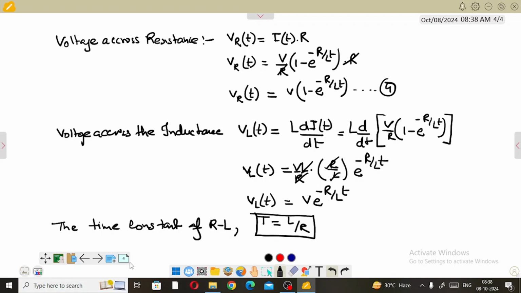So what I will do next is I will find out the values of current and voltage at this time T. So I will find out the current I(t) at L by R. So what I will get?